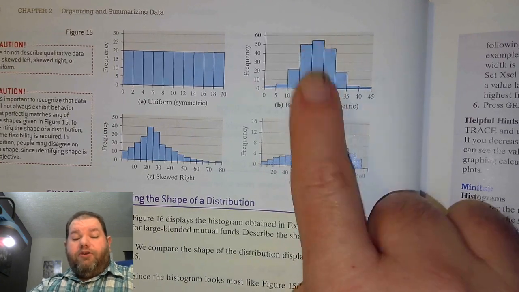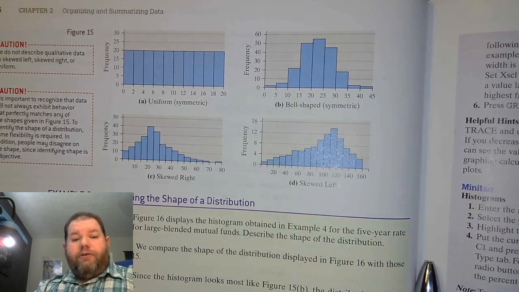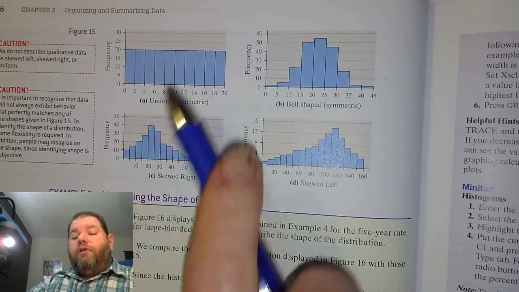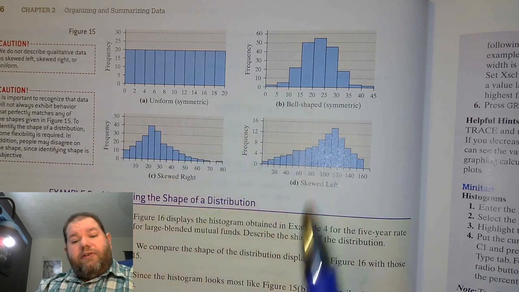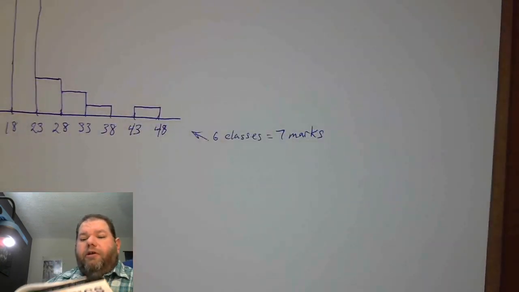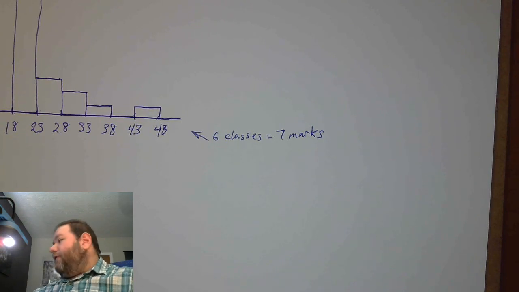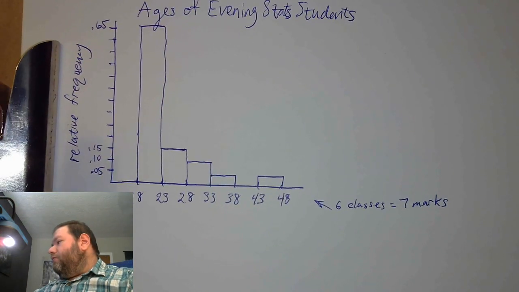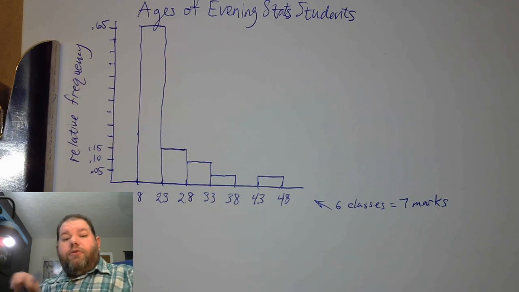We'll talk about the bell-shaped distribution a lot more later, so we don't have to go into a whole lot right now. So looking at these four designations that we've used, and we go back to our histogram that we made for our ages in the evening stats class, which of those four do you think would work best to describe what's happening here?